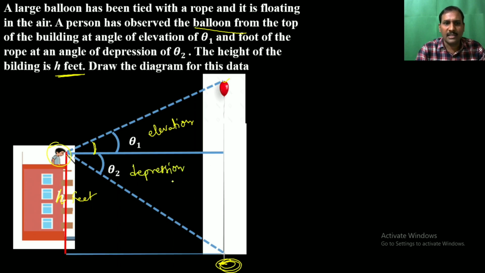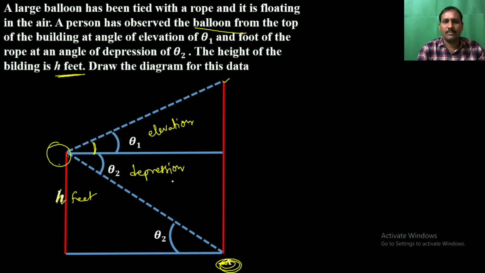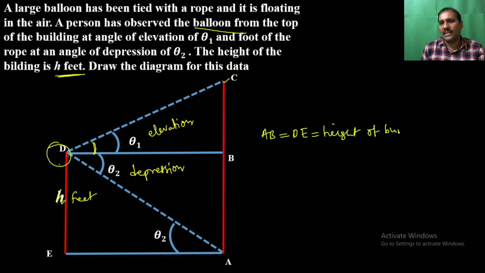Okay, so let us remove the pictures from the diagram. Now let us put A, B, C, D, E. AB is equal to DE is equal to the height of the building, that is h feet.